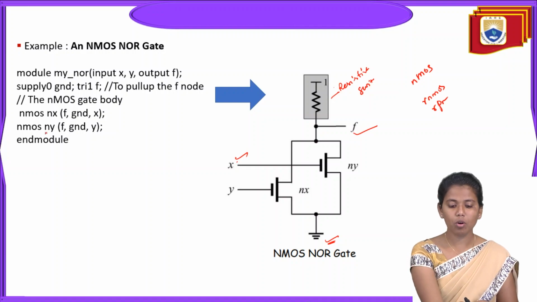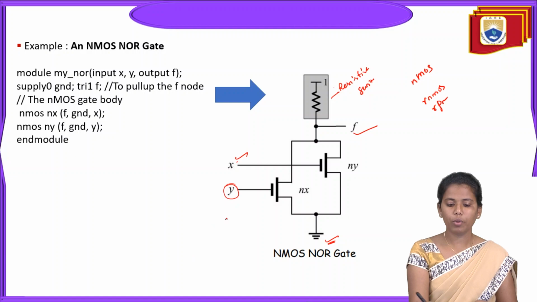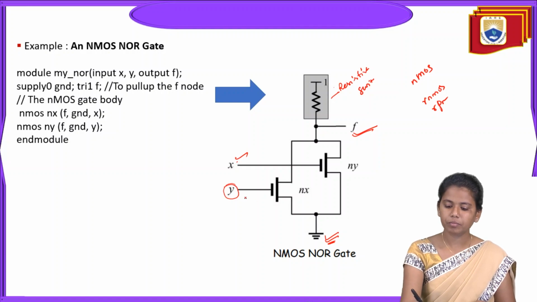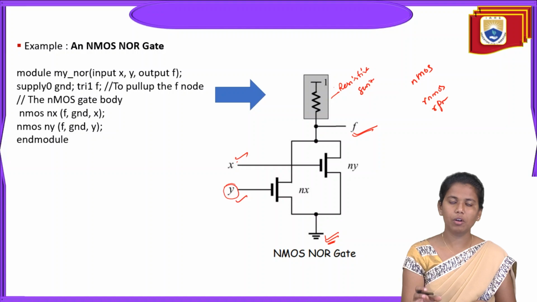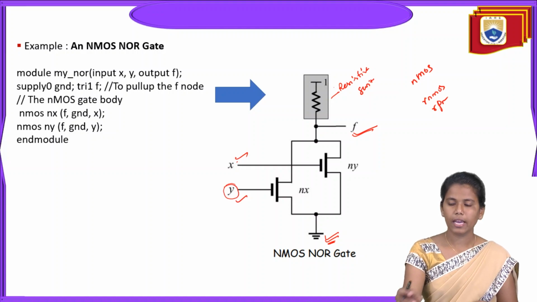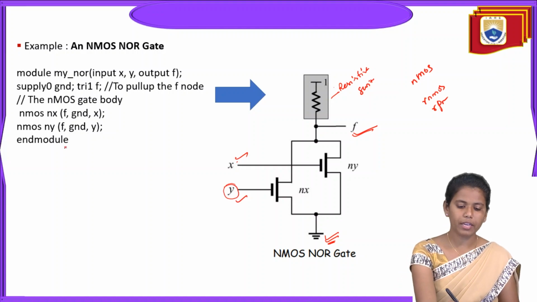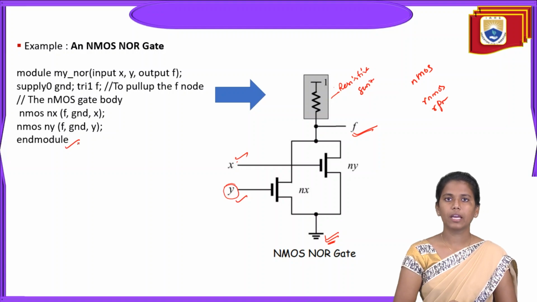And for NMOS Y, F is the output, ground is the supply connected to the NMOS, and Y is the input. And finally, I'm ending with endmodule.